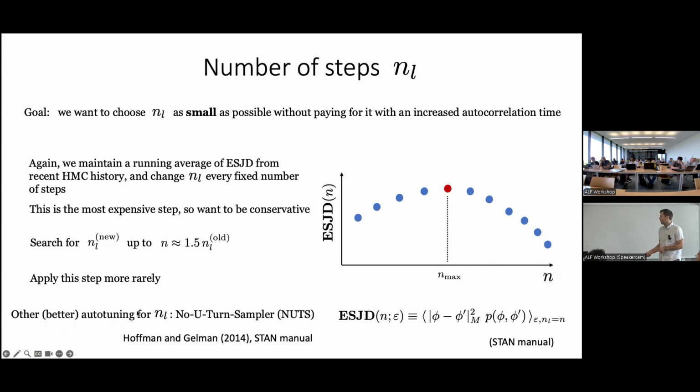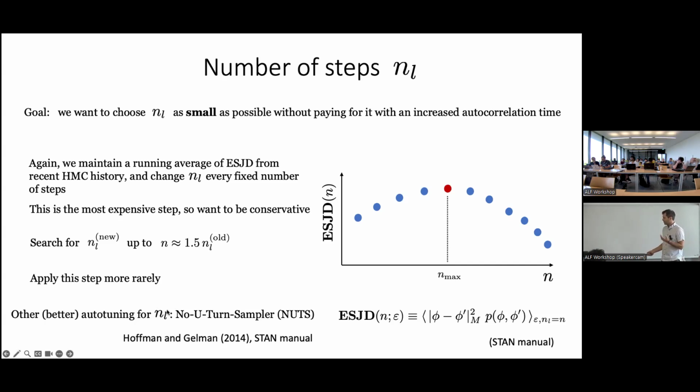A better way of auto-tuning NL, of auto-selecting it, is the no U-turn sampler, abbreviated as NUTS, invented in a 2014 paper by Hoffman and Gelman. It's what's used in the Stan package, and it's definitely the best thing to do.